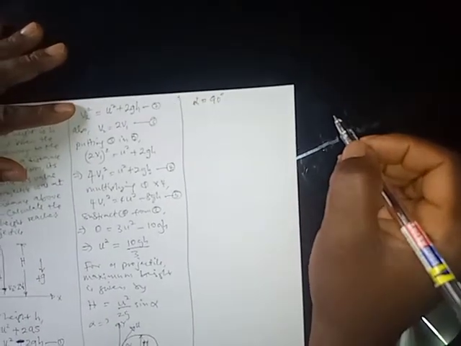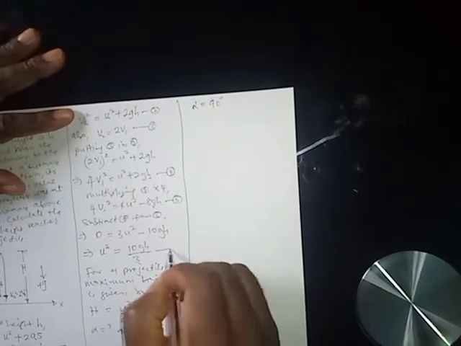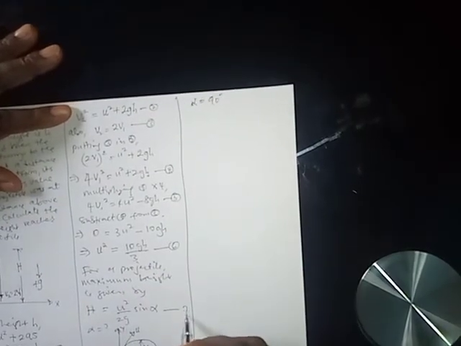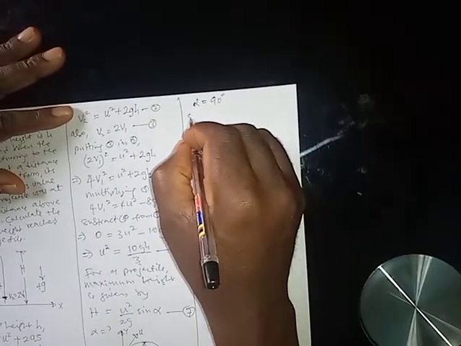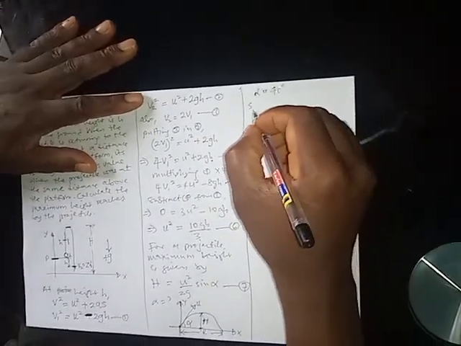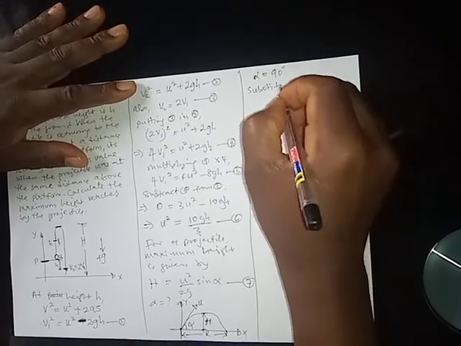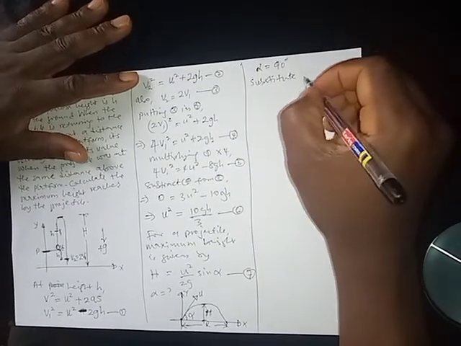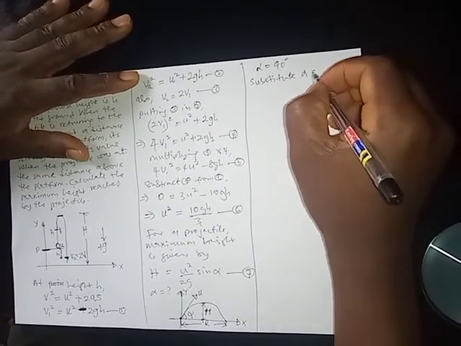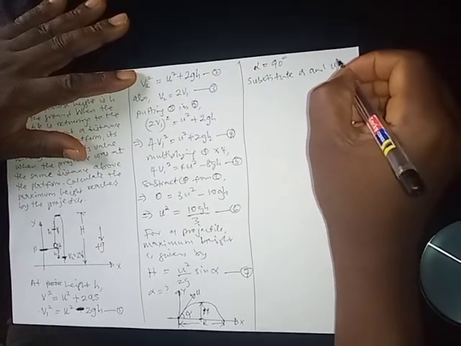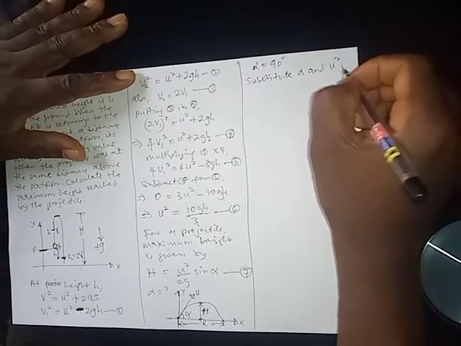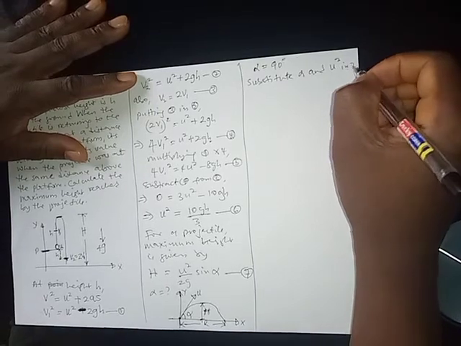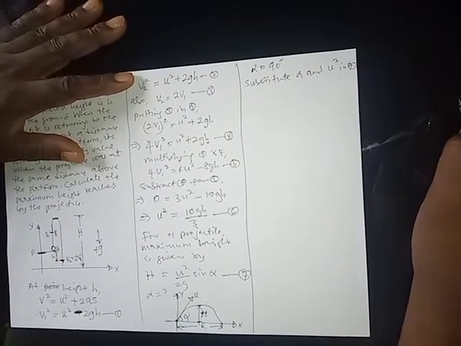In that regard, let's call this equation 6, and this one equation 7. So we can substitute both alpha and u squared in equation 7. So what do we get?